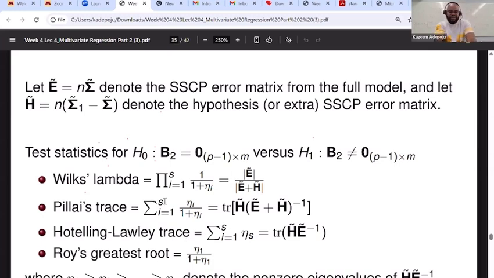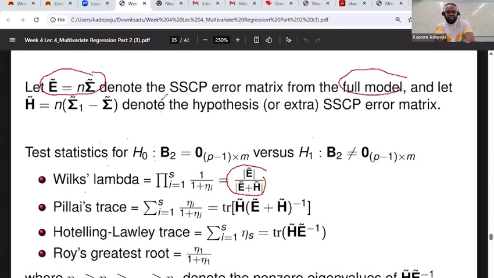If you take a look at all of that, they center on getting your E, the error. And that E here is the covariance multiplied by N, so that would be for the full model, just like I said.